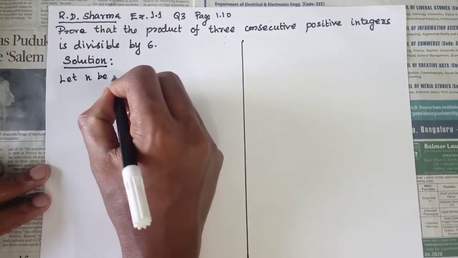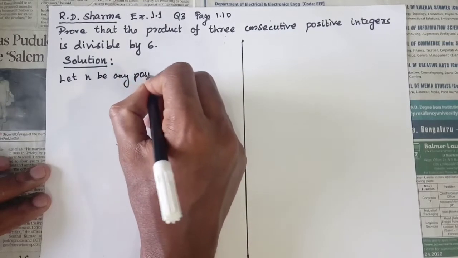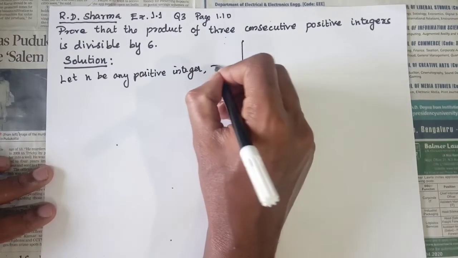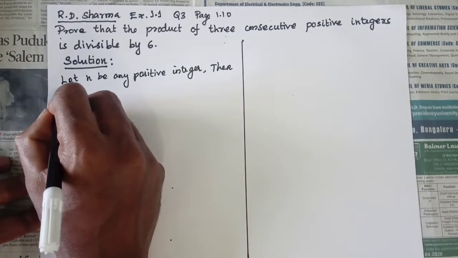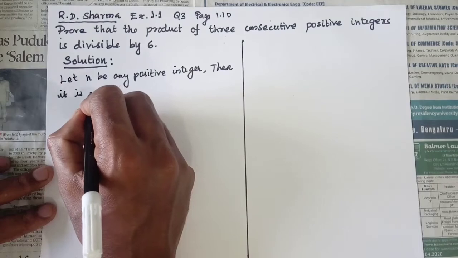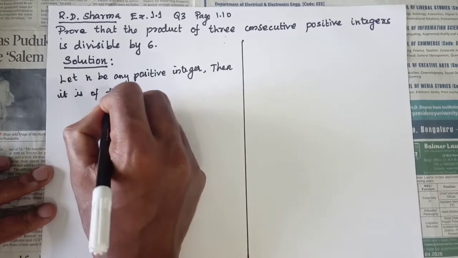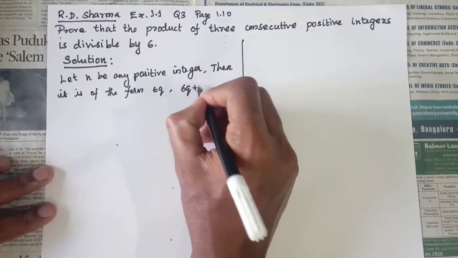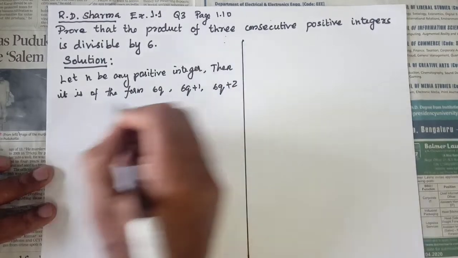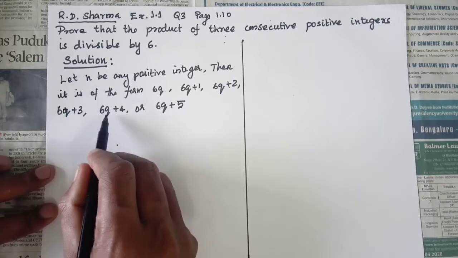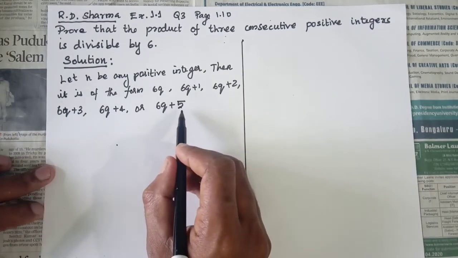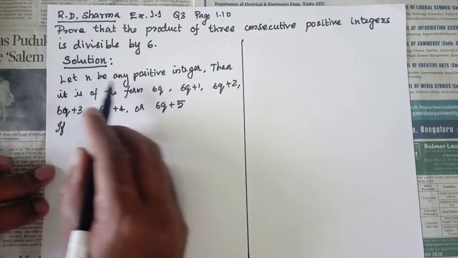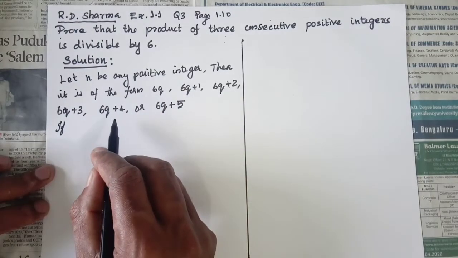Let n be any positive integer, then it is of the form 6q, or 6q plus 1, or 6q plus 2, or 6q plus 3, or 6q plus 4, or 6q plus 5. So n can be in either of the 6 forms.